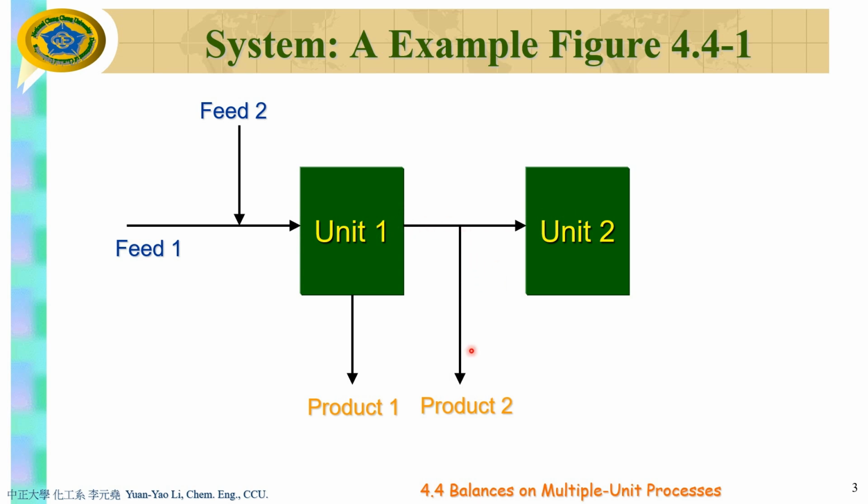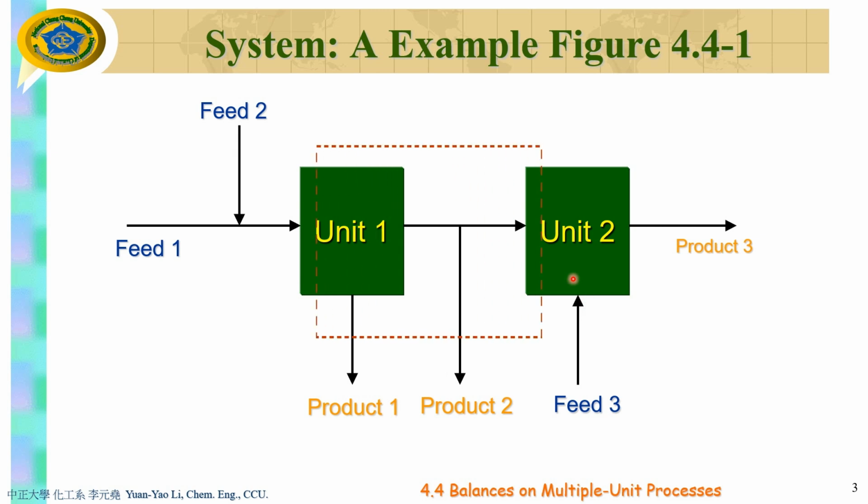So you have product 2 come out in this way. You really don't know what's going on. Actually, you don't care what's going on inside the black box. You just need to know input equals output. So feed 3 goes into unit 2, and you have product 3. Okay? So this is what the process looks like.